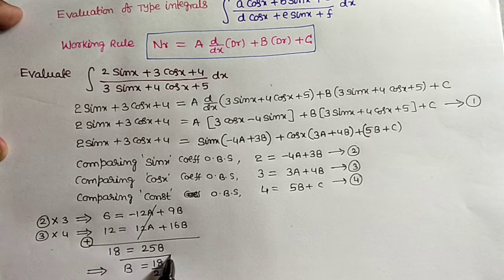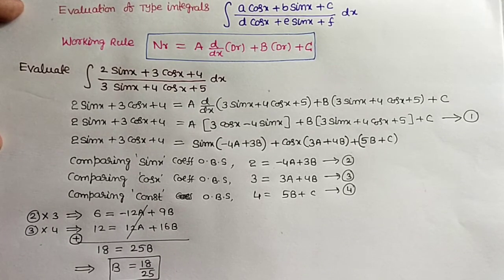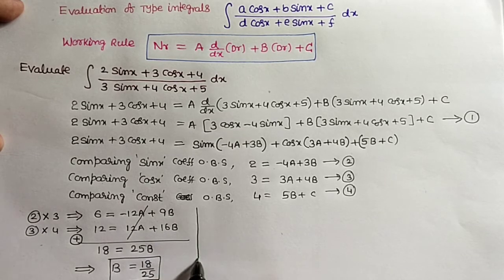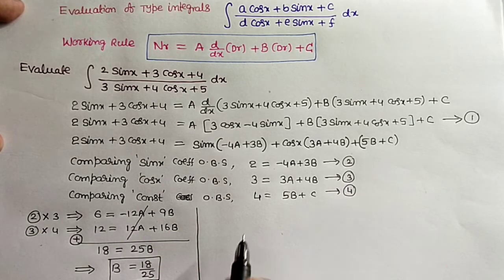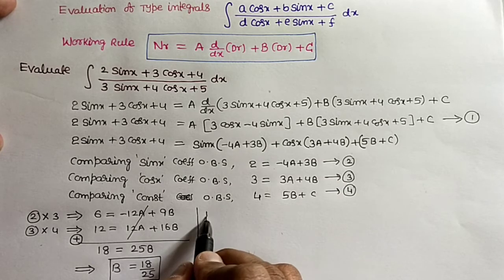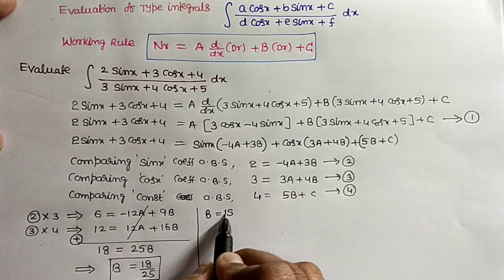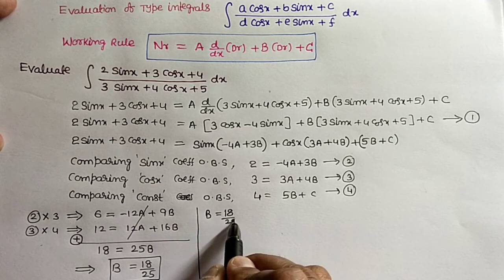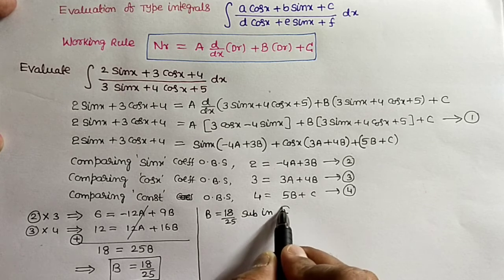We got the value of b. After getting the value of b, substitute either in the second equation or the third equation. So now b is equal to 18 by 25. Substitute in equation 2.